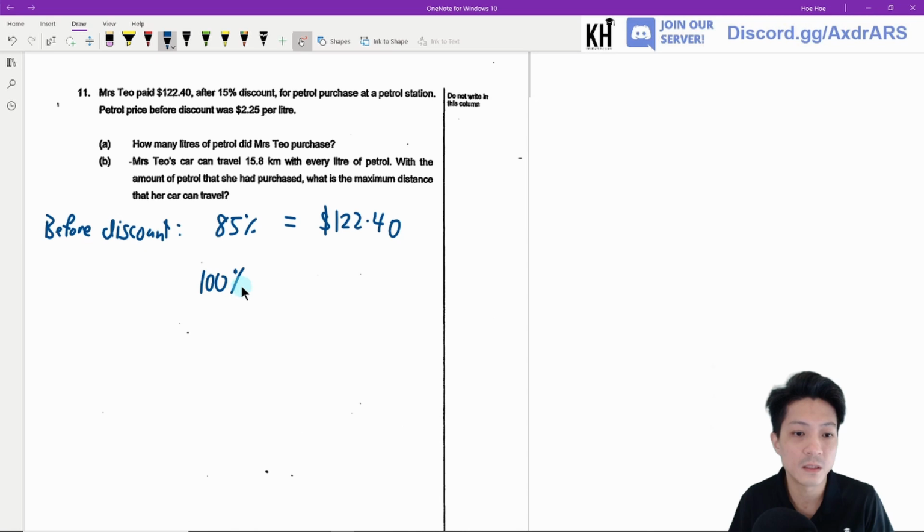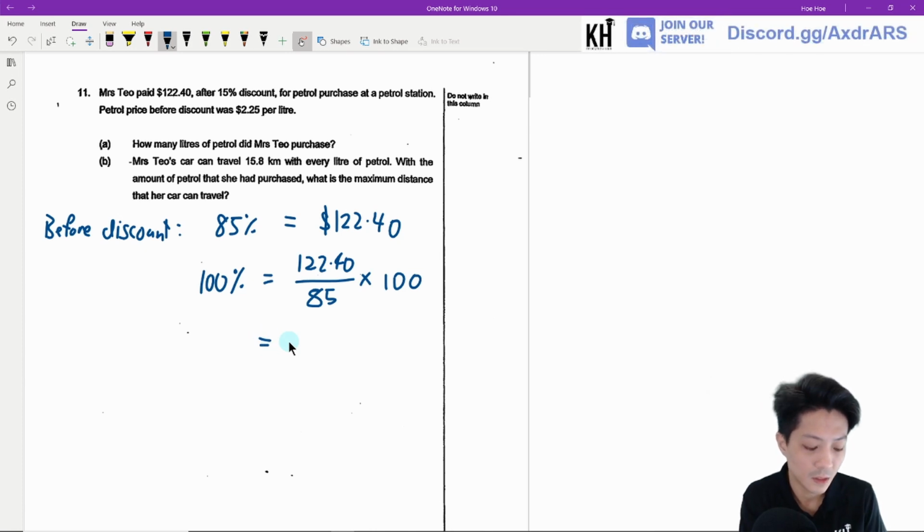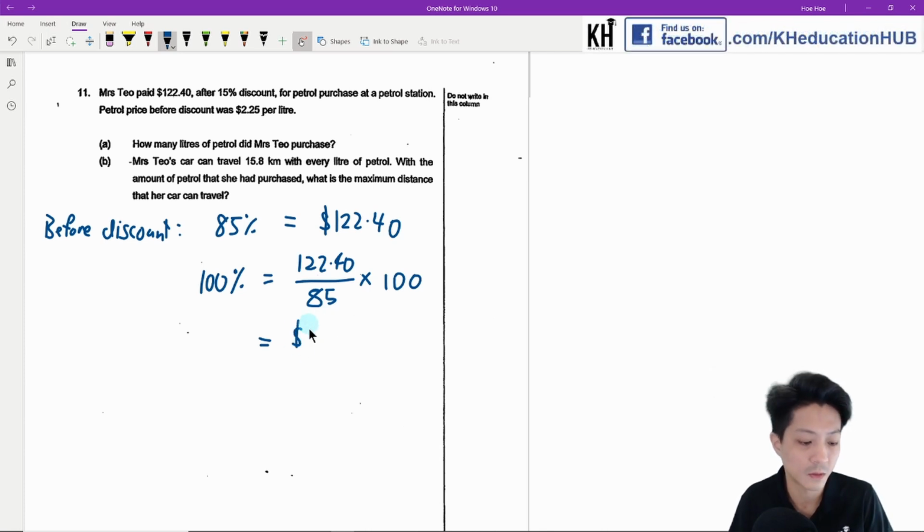To find 100%, I just need to use 122.40 divided by 85, then multiply by 100. 122.4 divided by 85 times 100 is going to give me $144.